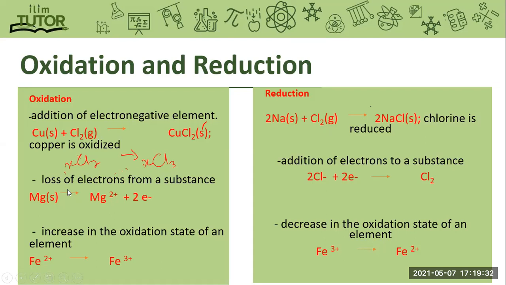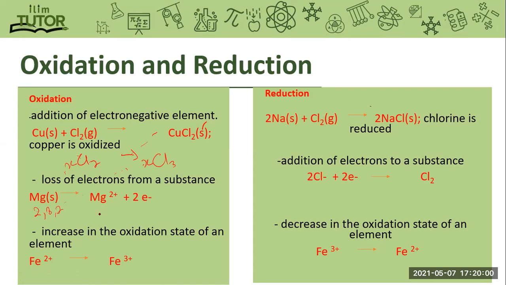Likewise, we can also see oxidation as loss of electrons from a substance. Loss of electron from a substance. So if I have this, this is magnesium, it has lost 2 electrons. Basically, if I have magnesium, it is 2,8,2, okay?